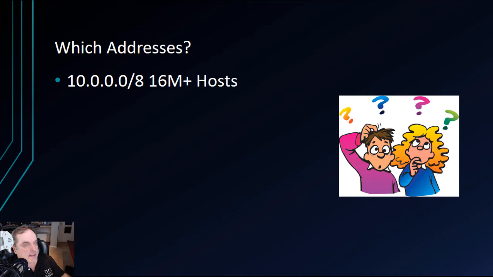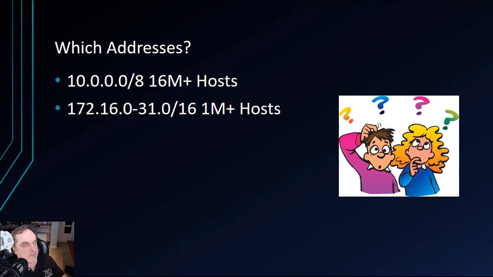So that gives us 16 million hosts. That means we can plug in up to 16 million computers and phones and tablets. Not many offices are going to really need that many. But if an address starts with 10, you know right off the bat that it is an internal address. So you can go ahead and use that at your home or business.